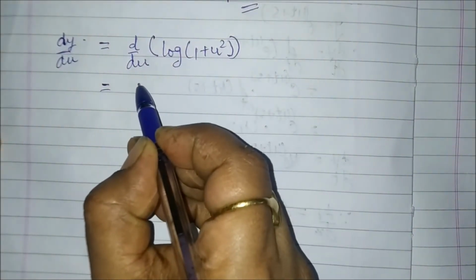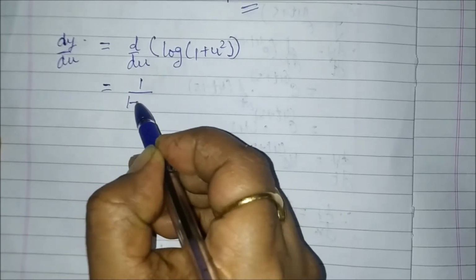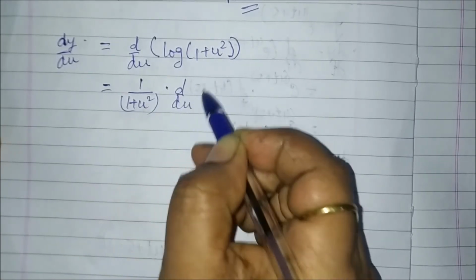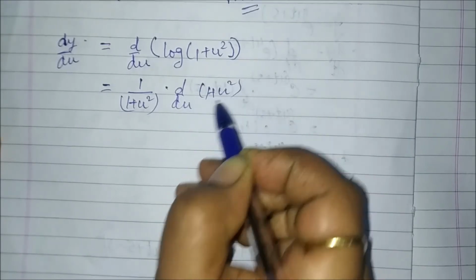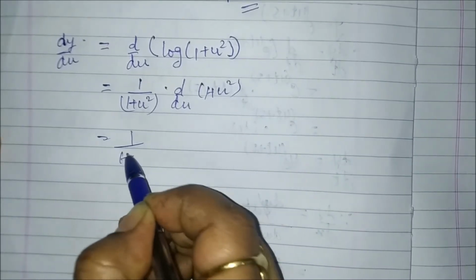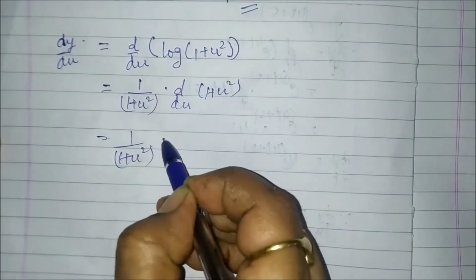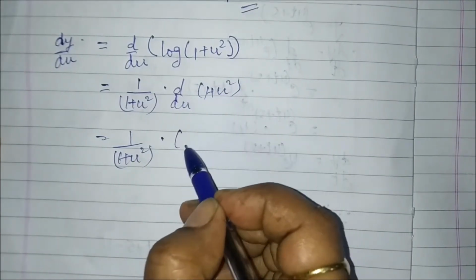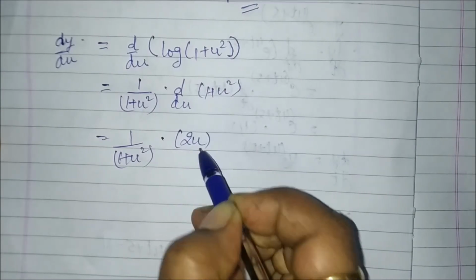So the derivative of log is 1 upon x. 1 upon 1 plus u square into d by du of 1 plus u square. 1 upon 1 plus u square into the derivative of 1 which is 0, plus u square. The derivative of u square is 2u.